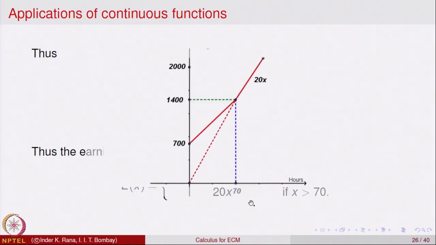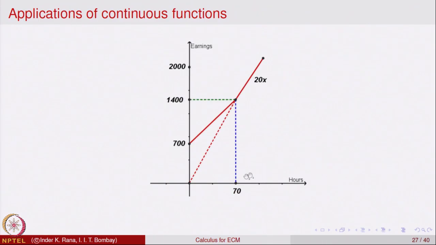So, in that case, what will be the model? Earlier it was this line, as the earning and so on. Now, if he does not work, he is getting 700 anyway. If he starts working, his take home keeps on increasing until he works 70 hours per week.